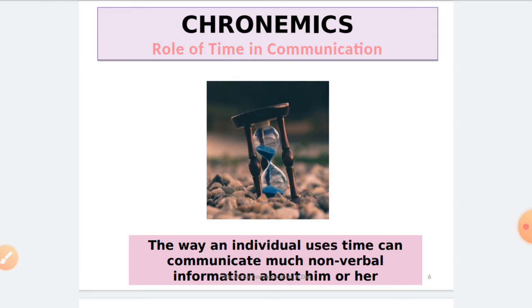And accordingly, we label that person as insincere or unpunctual, a person who lacks discipline or commitment. So the way an individual uses time can communicate much non-verbal information about him or her. So that is also a very important aspect or dimension of non-verbal communication.